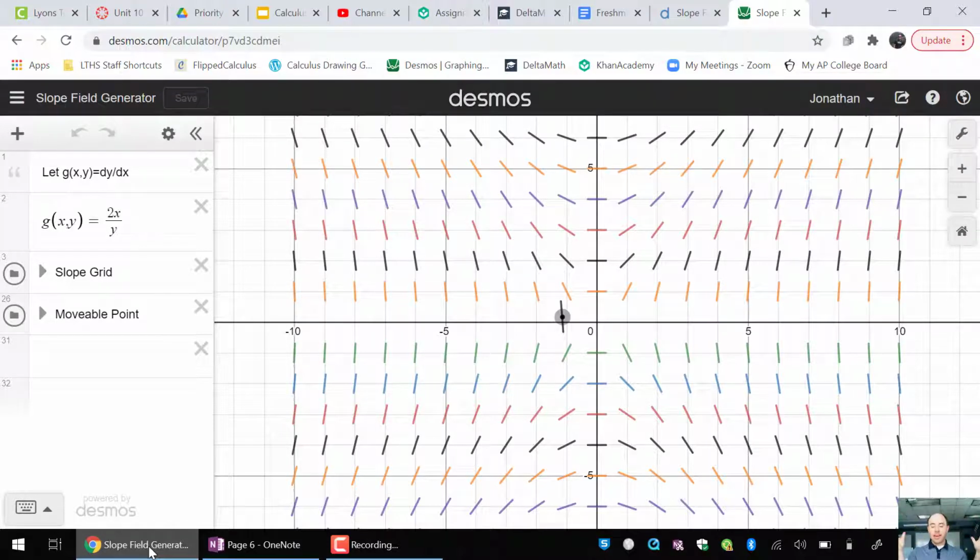It's a map that sort of depicts the family of functions that would potentially fit into the solution set of a differential equation. What a slope field does for us is it maps out the different values of the rate of change, the dy dx values, at various places where x changes and where y changes. So at any ordered pair, x comma y, I can figure out what my slope tick mark could be. So that's a slope field.